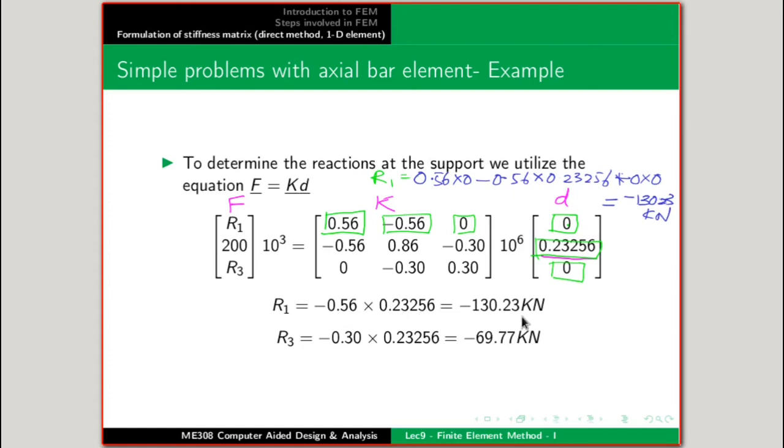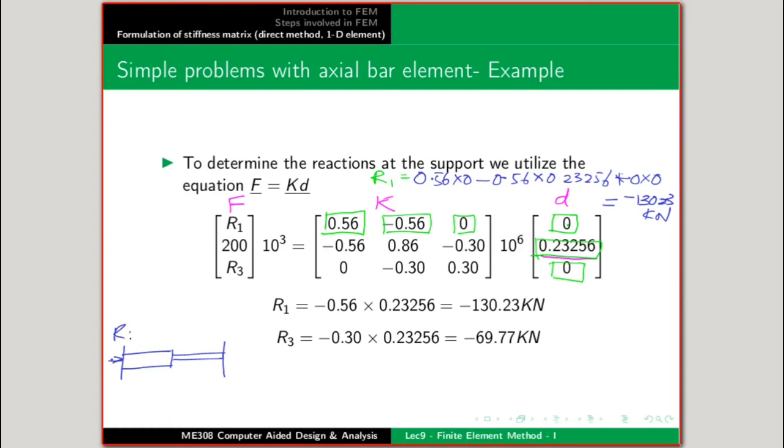Similarly, for R3, you can use the last row, that is 0 times 0 minus 0.3 times 0.23256 plus 0.3 times 0. So we get minus 69.77 kilonewton. So both are negative.